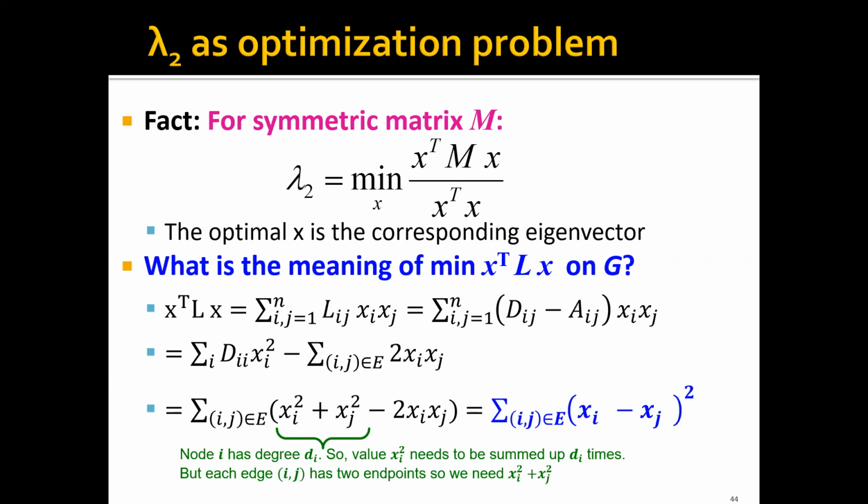For the other entries, they're all zero. The second term will be a sum over 2 times xi xj. This is straightforward: this pair ij indexes each edge in the graph, and E is just the set of edges in the graph.